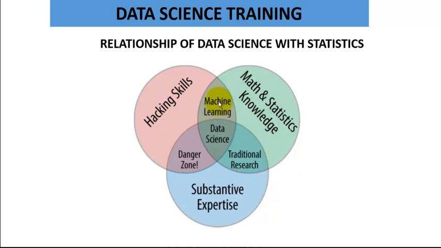So you can see that the marriage of computing skill, hacking skill, and statistics gives birth to machine learning. But when you combine all three of them, then you have what we call data science. So data science is a combination of your knowledge domain, your skill, your field, your discipline, with traditional research and with machine learning. So all give birth to data science.